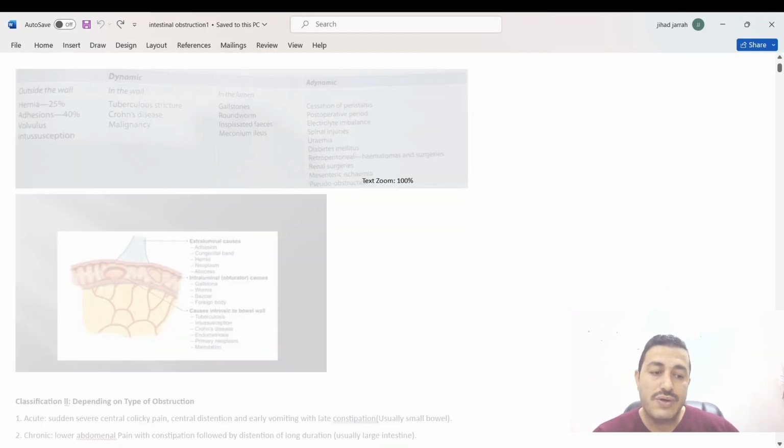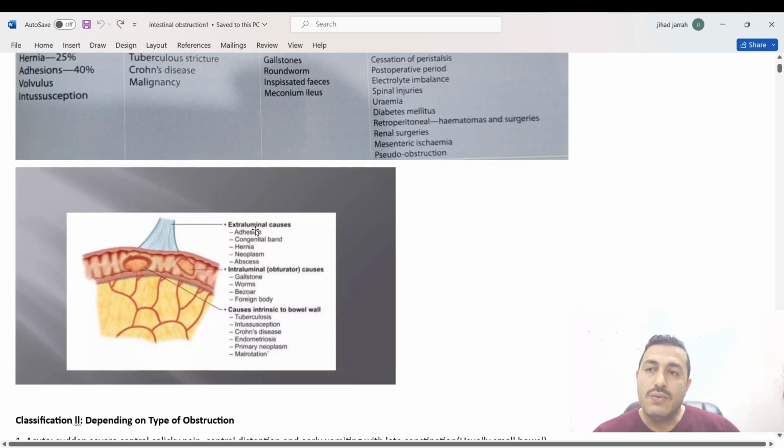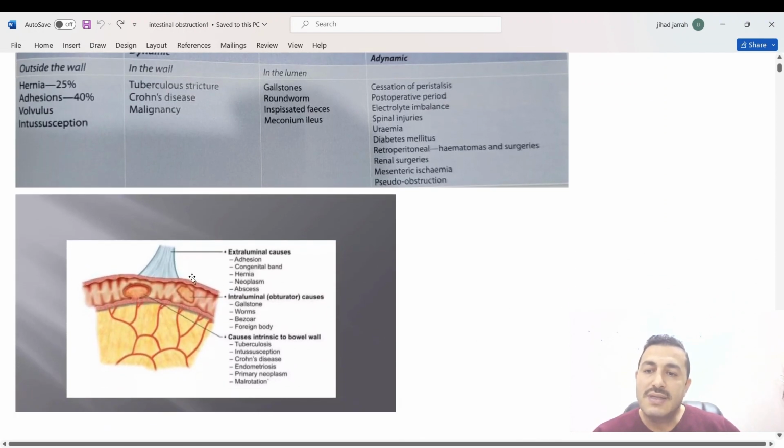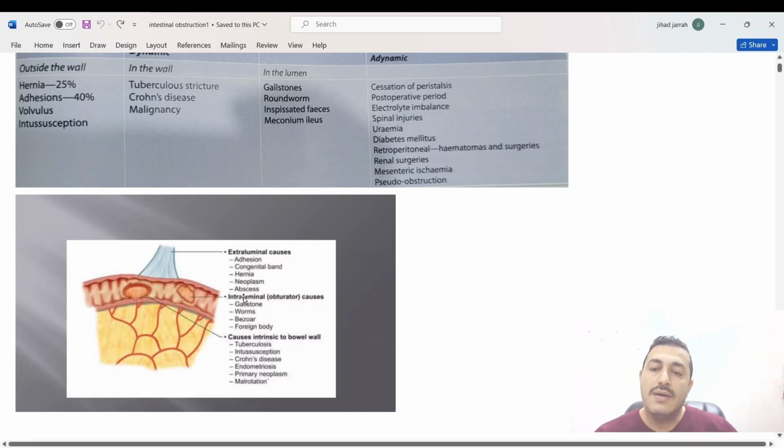You can see this picture. Actually, let me zoom in. This is extraluminal, we call it outside. Extraluminal is compression outside the bowel wall, for example, adhesions, bands, hernia, neoplasm from another origin outside the bowel wall, and abscesses. Intraluminal is something inside the bowel, for example, gallstone ileus, worms, bezoars, and foreign bodies.